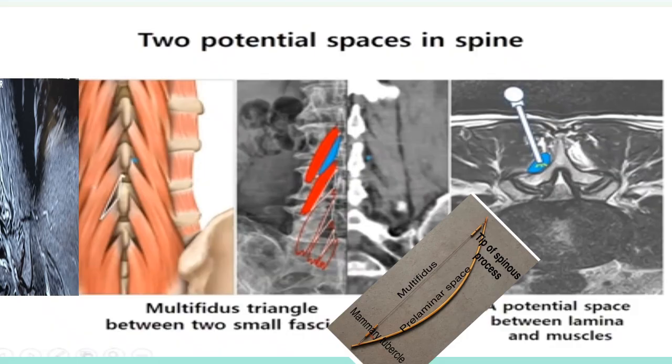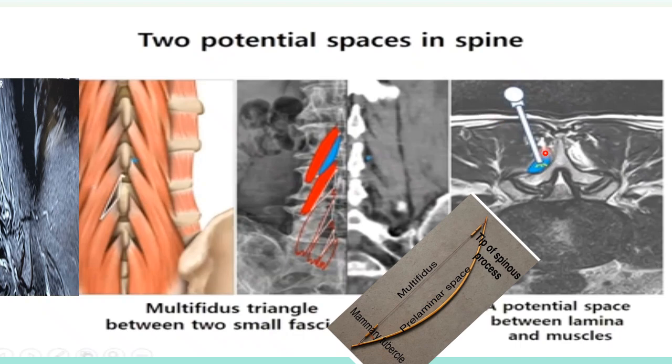Then coming to the philosophy of UBE, there is no hollow viscera like in the abdominal cavity or urology, and in the spine there is a potential space known as the prelaminar space and one muscle, multifidus. It has an interfascicular space.